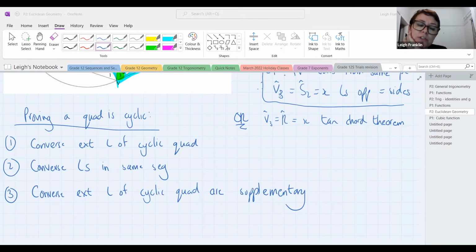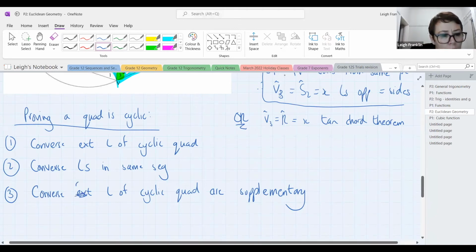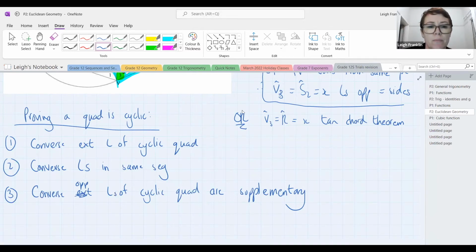So either converse exterior angle of cyclic quad, or converse angles in same segment, or converse opposite, it's not exterior, it's opposite. Beg your pardon, converse opposite angles of cyclic quad are supplementary. Yeah, sorry, I meant opposite. Yeah, sorry, Aisha, quite right. It should be opposite, not exterior. Converse opposite angles of a cyclic quad are supplementary.